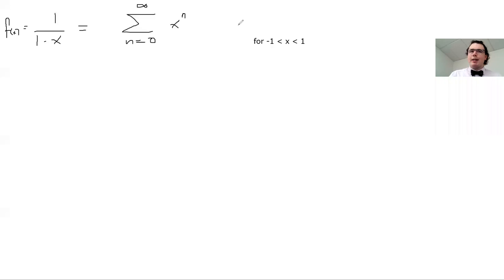Now, what can I do with my newfound knowledge? Well, if I want to determine a power series representation of the function 1 divided by 1 minus x, but I'm going to square that denominator.